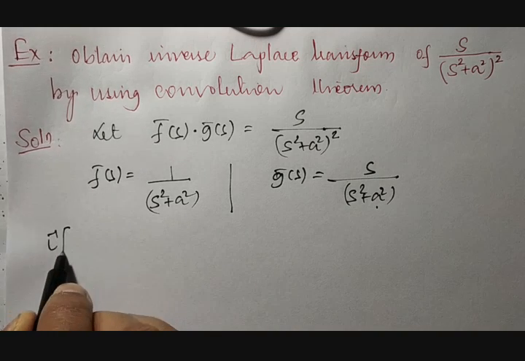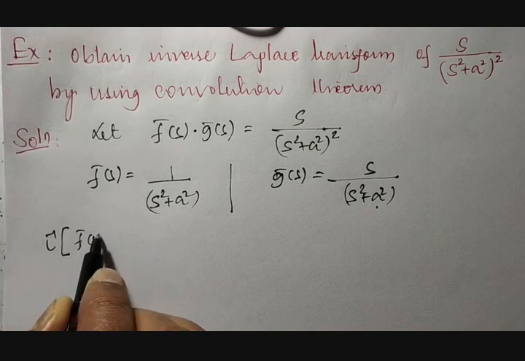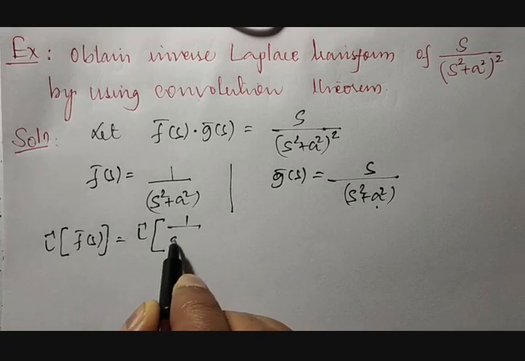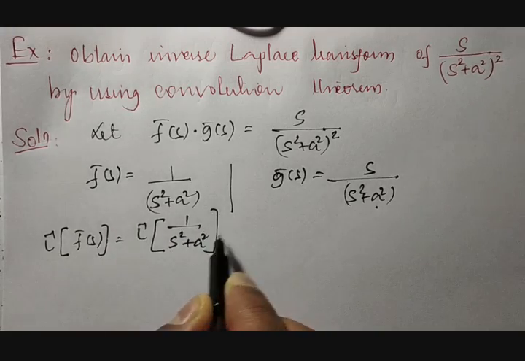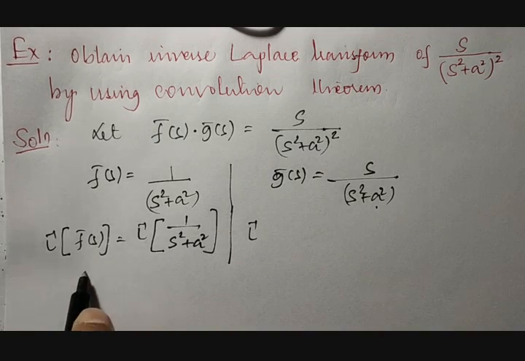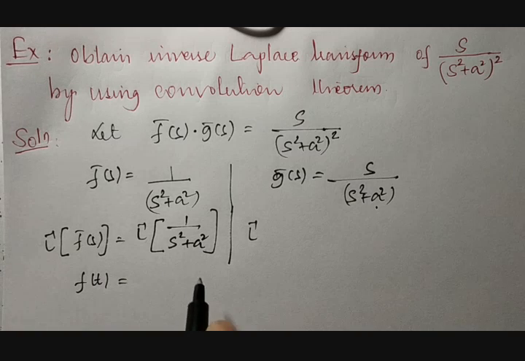Apply Laplace inverse on both sides. Then Laplace inverse of f bar of s is equal to Laplace inverse of 1 divided by s square plus a square. This is nothing but f of t. What is Laplace inverse of 1 divided by s square plus a square?